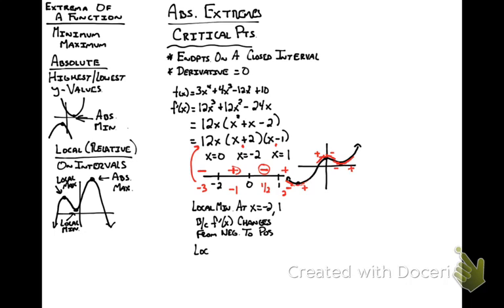There's a local max at x equals 0 because f prime of x changes from positive to negative, right? And this language is important.